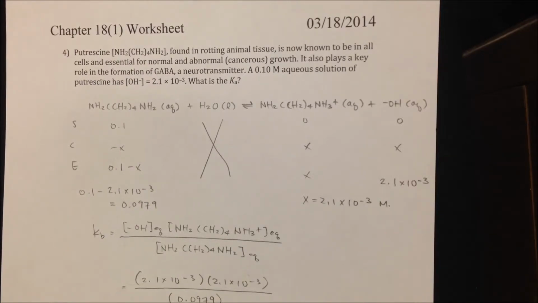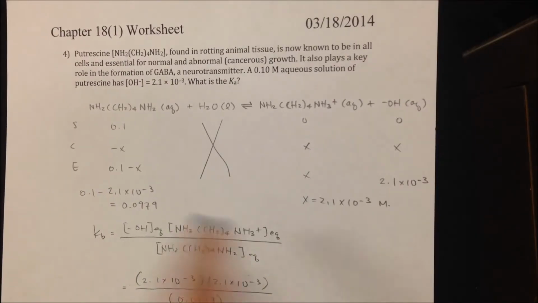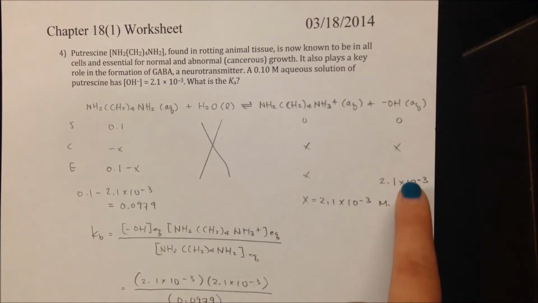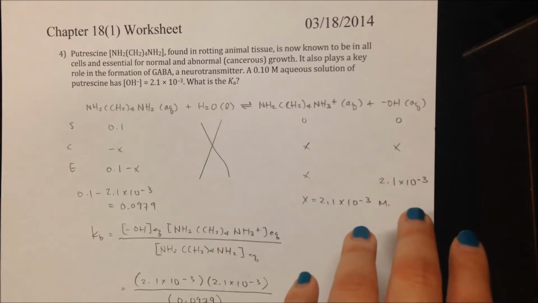Except in the question, it says that at equilibrium the concentration of OH minus is given, which is 2.1 times 10 to the negative 3. So when we put that right here, we can see that x is equal to 2.1 times 10 to the negative 3.